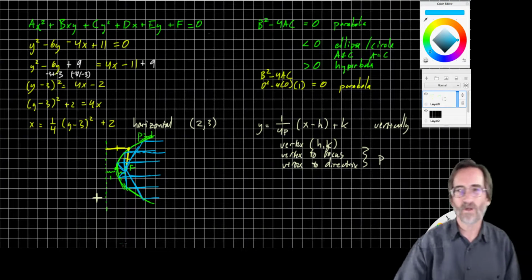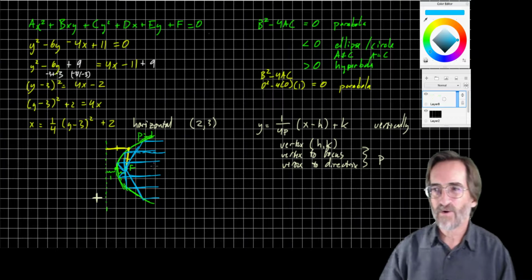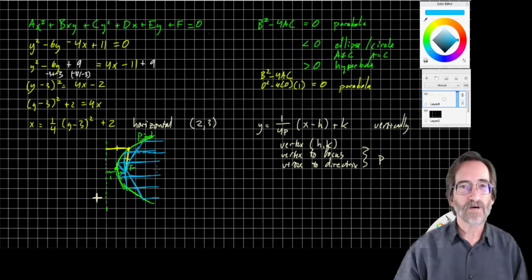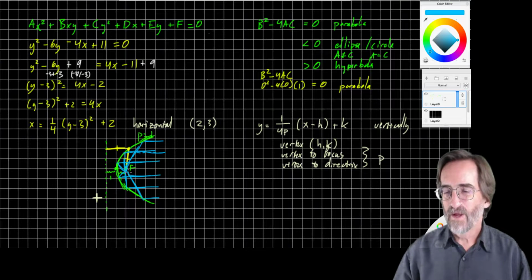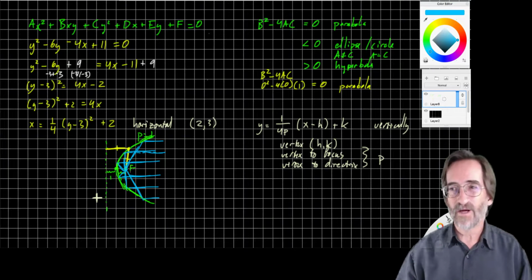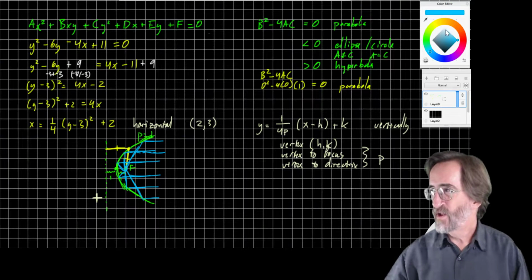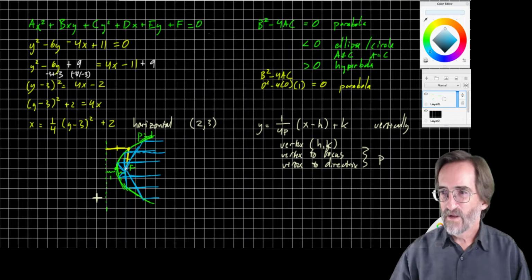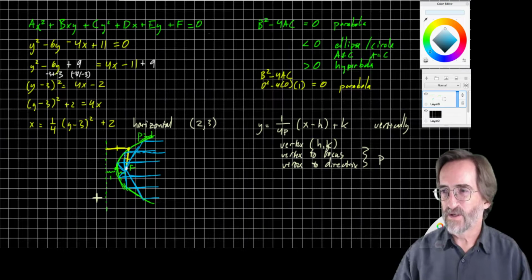You ever see them hold up a dish with a microphone in it? They're picking up sounds off the field. It's used in flashlights and headlights because if you place a lamp at the focus, the beams that reflect off the surface of the parabolic dish will be reflected out parallel.